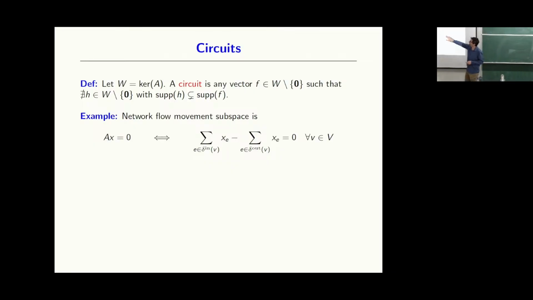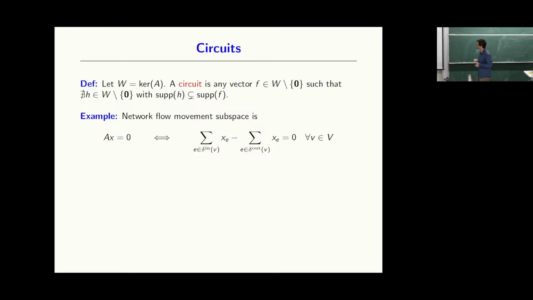In our context, we're going to be moving inside the kernel of some matrix A, all the movement directions are inside the kernel of A. And the circuits that we're interested in are support minimal vectors inside the kernel. Or you can think of the support of those vectors; matroid theoretically these are the correct things to call circuits, but we're going to associate the vectors themselves as circuits.